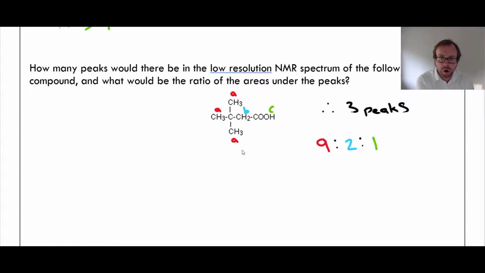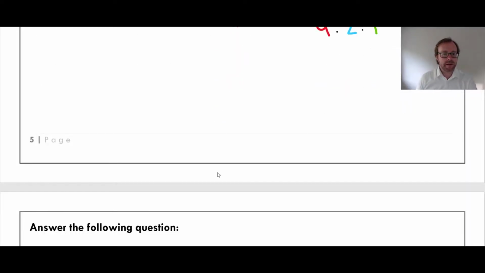So this would be one proton environment. My CH2 would be another proton environment, and my OH at the end of my carboxylic group would be another environment. Therefore, we would have 3 peaks. Our ratio will be in our first proton environment 9, in our second 2, and in our third 1. So our ratio would be 9 to 2 to 1.